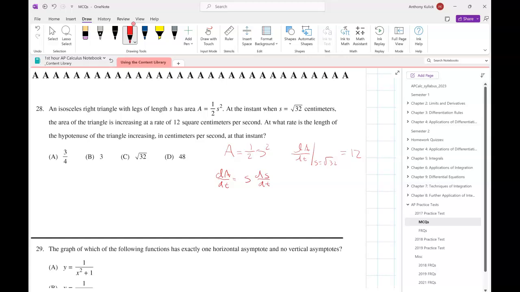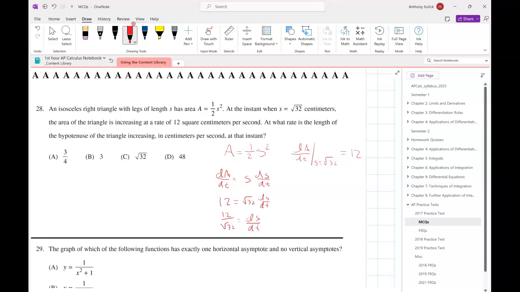Is everybody okay with what I did there? Okay. I have a number for dA/dt, and I have a value for s. Well, I can solve for ds/dt, but that's not exactly what we're looking for, is it?